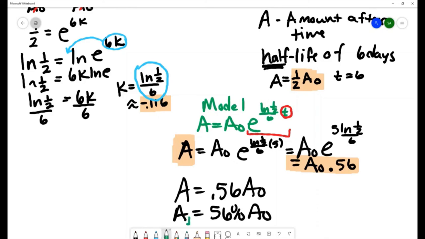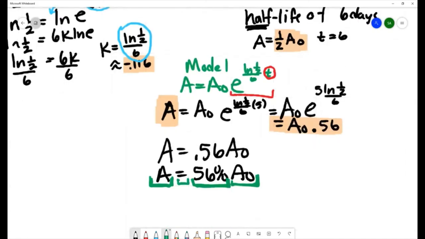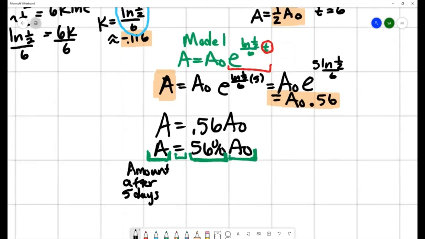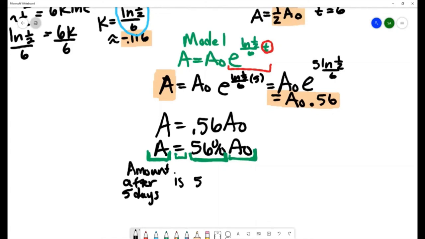So the amount that we have after 5 days is 56% of the initial amount. And that is what the question asked for, the percentage of the original amount that is remaining after 5 days.